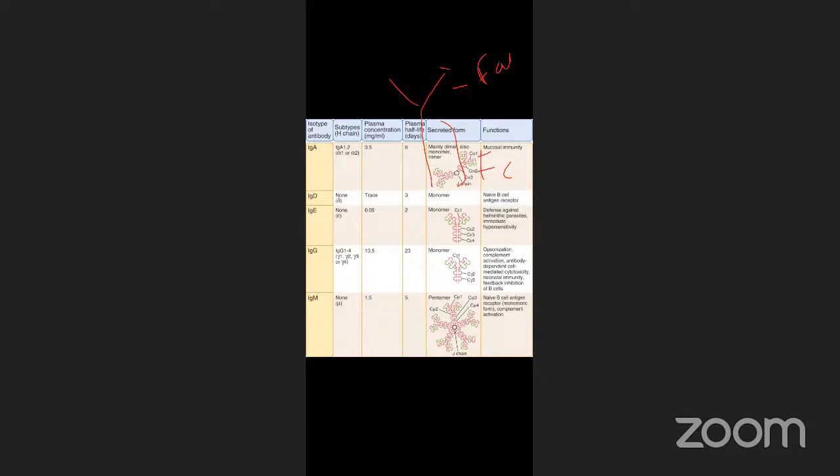Due to the attachment of the antibody, the attraction of different types of proteins is enhanced. Another function, the third function, is opsonization. What is opsonization? It activates the phagocytosis mechanism.